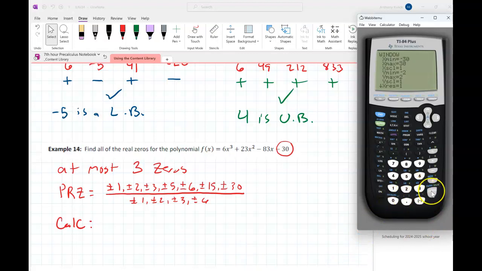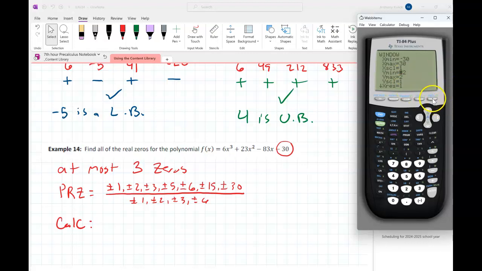So I'm going to use those as my x-min and my x-max. Now, all I'm really caring about is where the graph crosses the x-axis, because those will be the candidates for my zeros. So I'm just going to make my y-min and y-max -2 and +2. I just want to be able to see where it's crossing. And I want to see how it's crossing. Is it a bend, bounce, or straight?